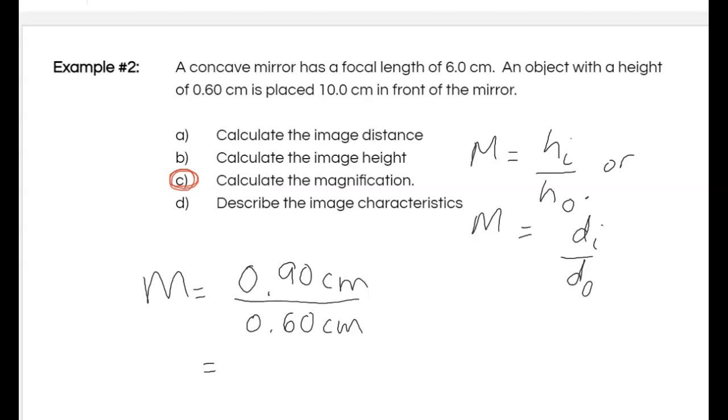When I perform that calculation, I end up with 1.5. So what does that mean? That means that my HI, therefore my image, is 1.5 times the size of the object.